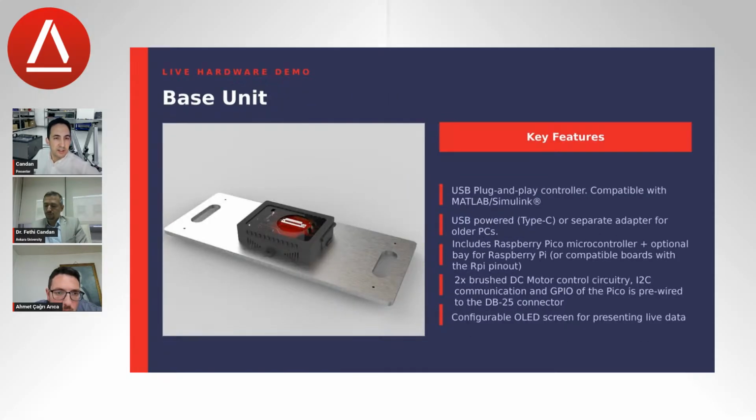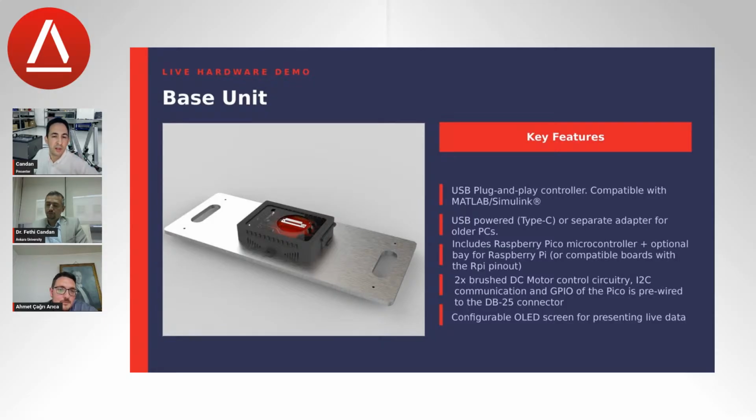And this is the base unit of the kit. Everything is connected to this base unit. It is USB powered, or separate adapter power if the USB Type-C is not sufficient or not working on the computer. We have a Raspberry Pico microcontroller inside on this board. There is also an optional bay here, with a small latch.